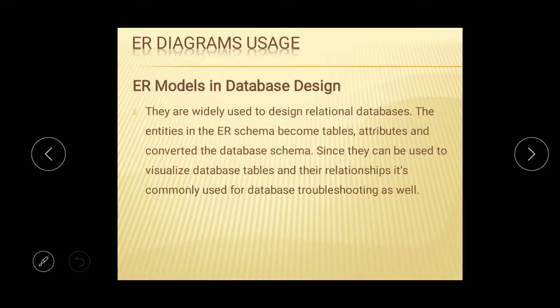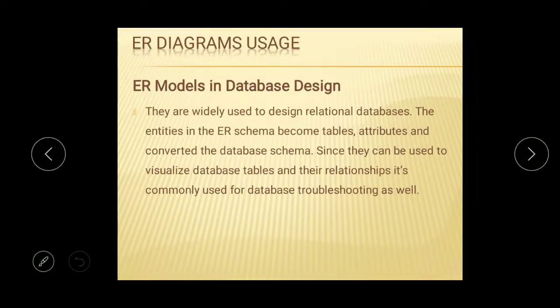Now, what are the uses of ER diagrams? Regarding where they are used, although they can be used to model almost any system, they are primarily used in the following areas.